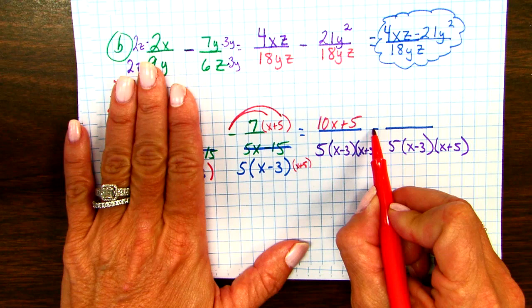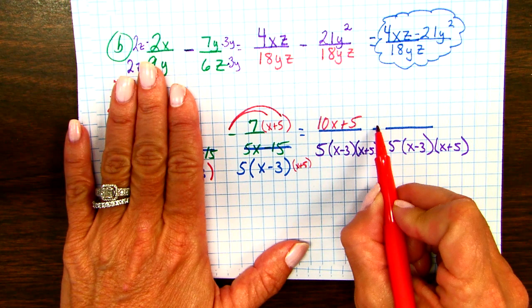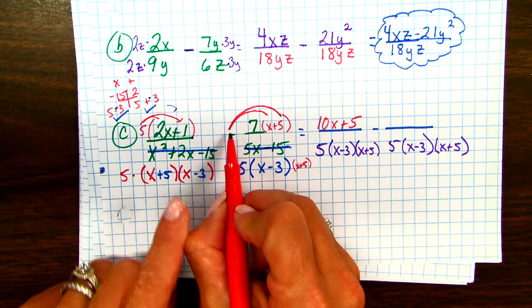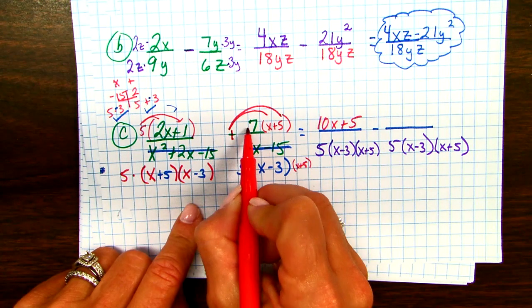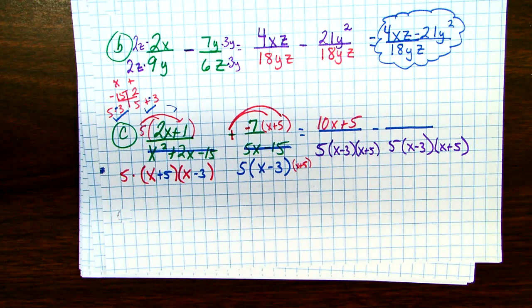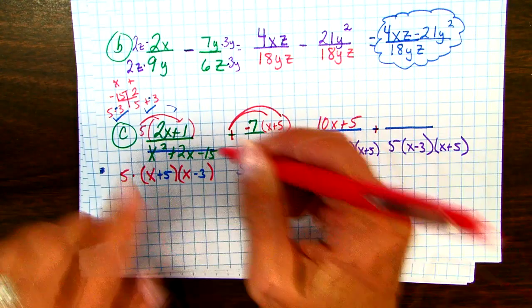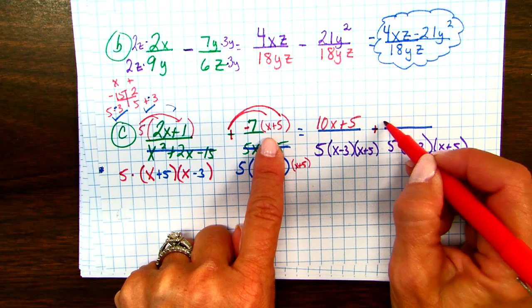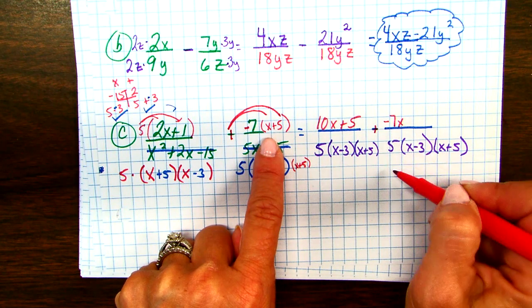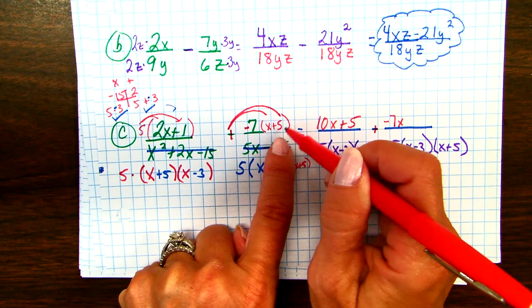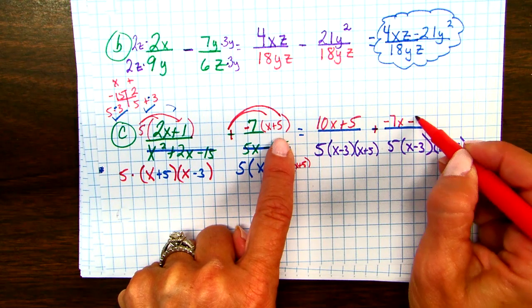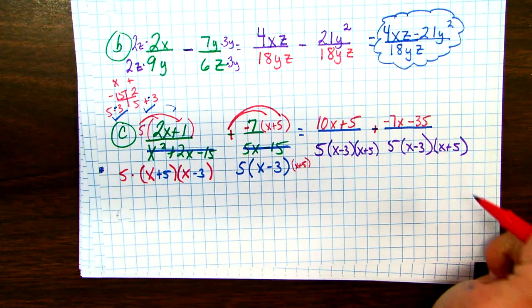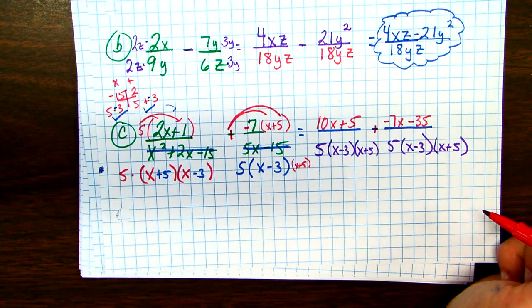I'm going to change this to a plus and just give the negative to that 7, right? So this will become a plus, and then whatever I get here in my numerator: negative 7 times x is negative 7x, and negative 7 times 5 is negative 35.